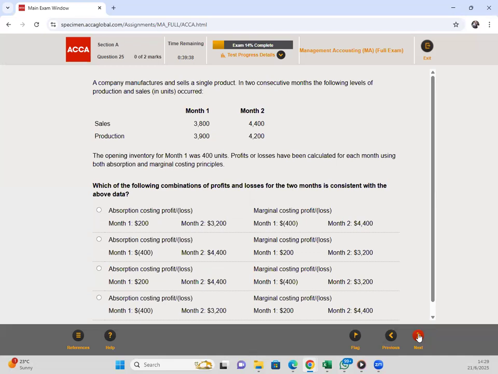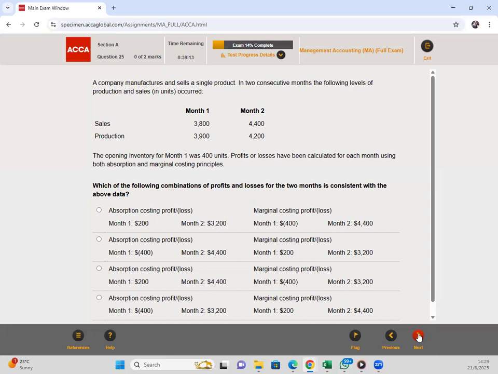A company manufactures and sells a single product in 2 consecutive months. The following levels of production and sales occurred. The opening inventory for month 1 was 400 units.